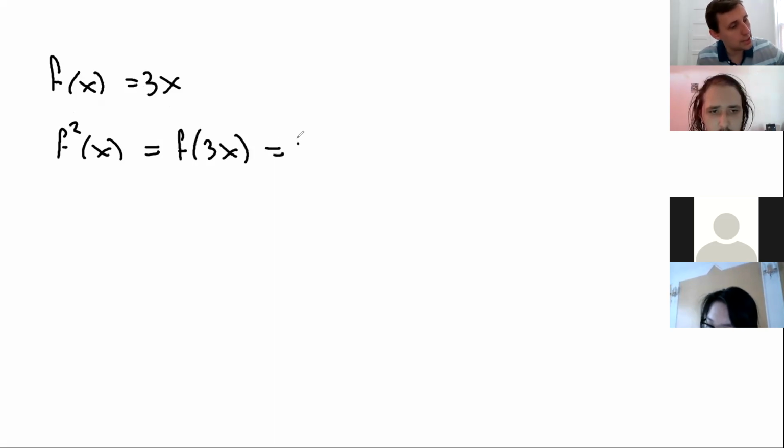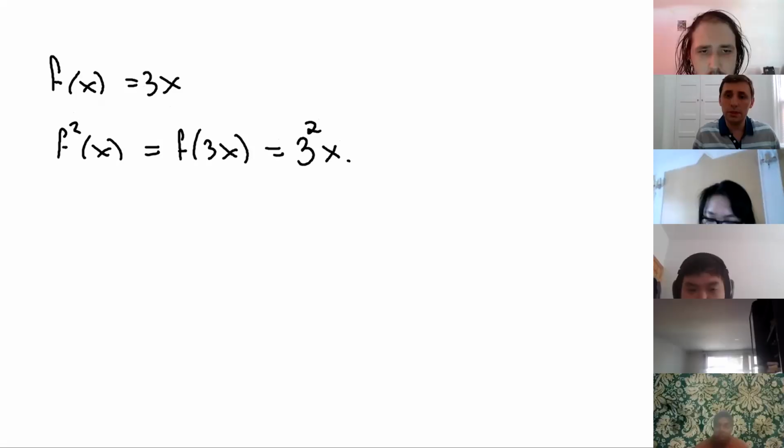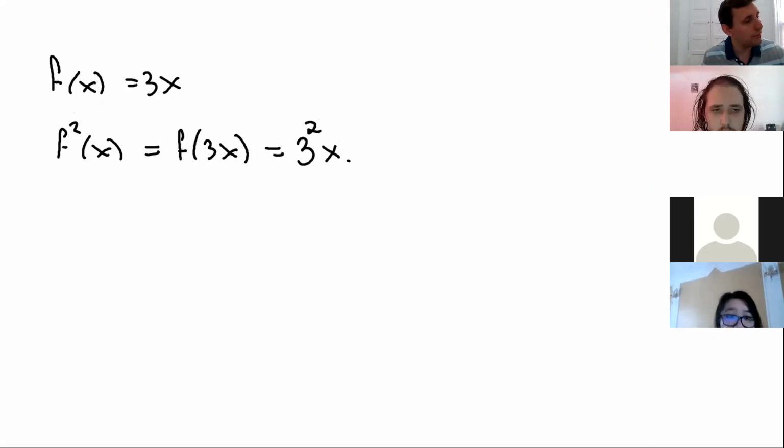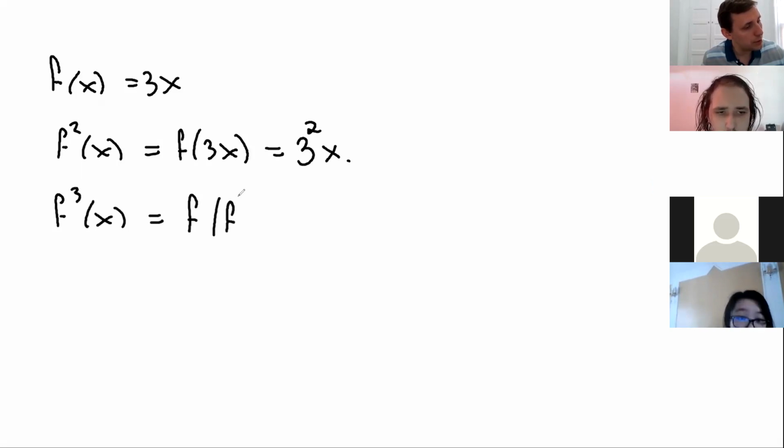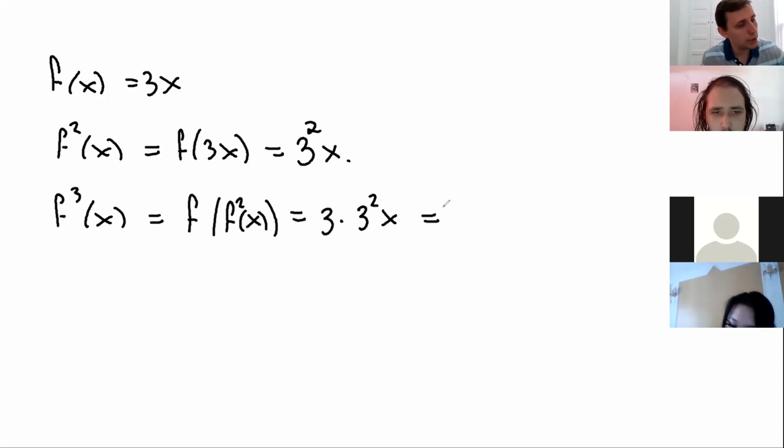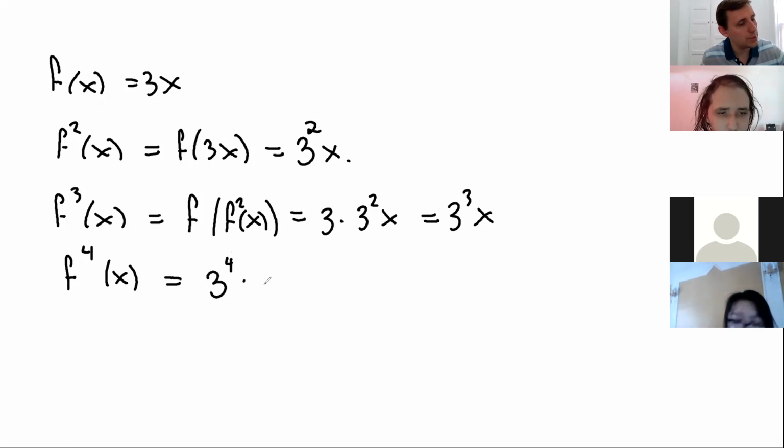So the answer is 3 squared x. Yes? Because it's multiplying it again by 3. So if I have f3 of x, that would be the same as f applied to f2 of x, which would be 3 times 3 squared x, altogether 3 cubed x. And so f to the power of 4 of x is equal to 3 to the power 4 times x.